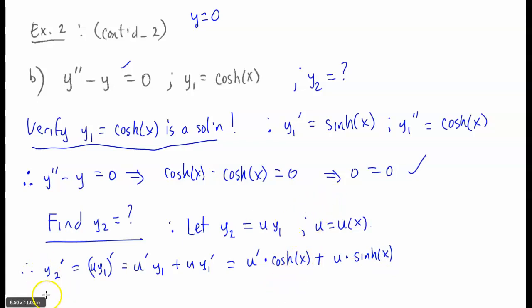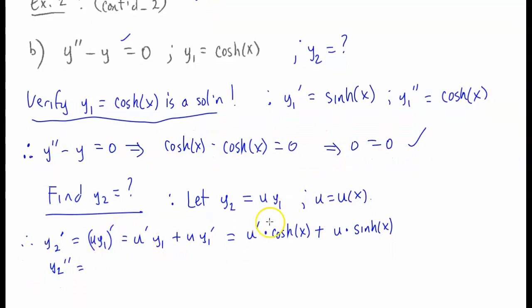Now I need to find the second derivative, which is essentially just the derivative of both of these two terms here. I'll write it out so you don't get lost. We're going to take the derivative of the first term plus the derivative of the second term.